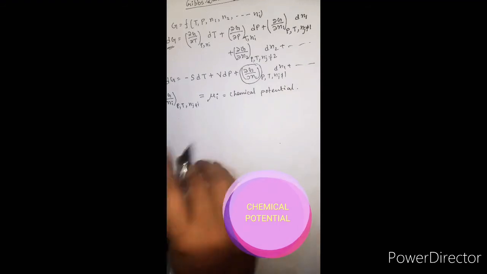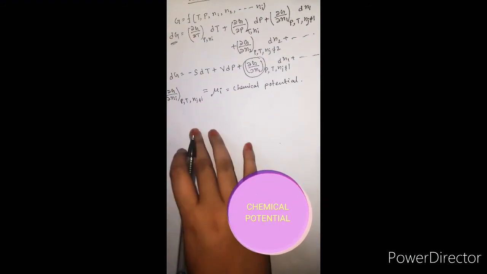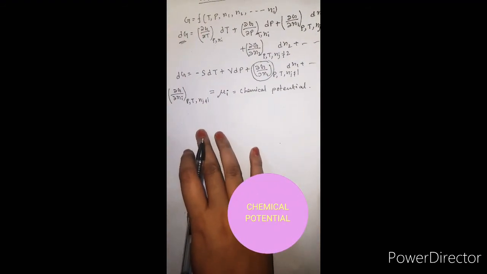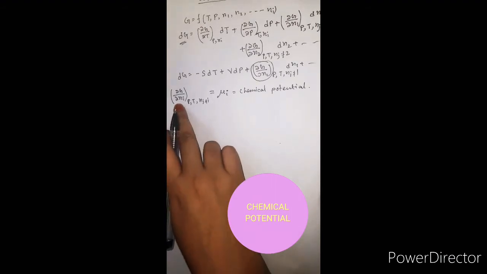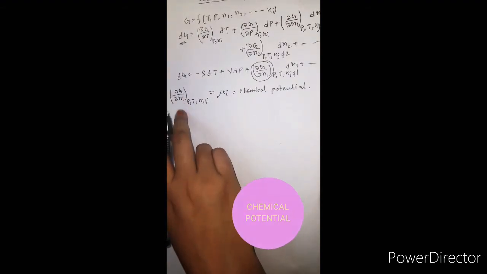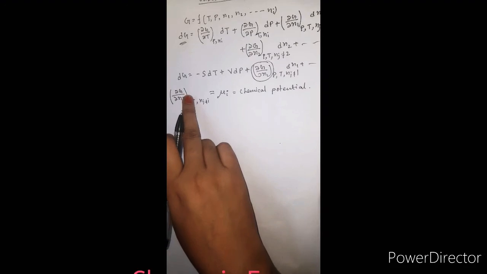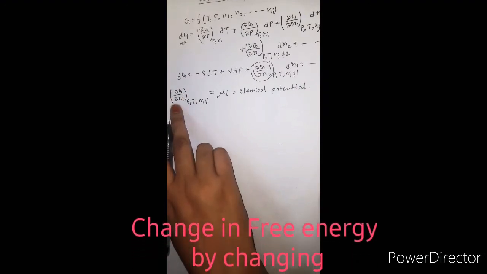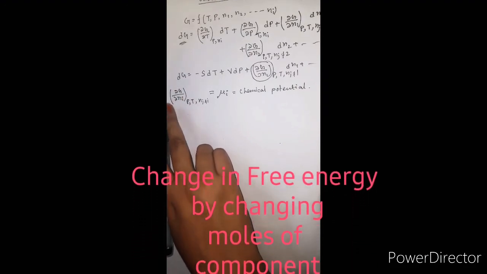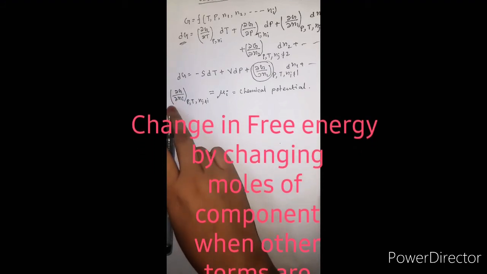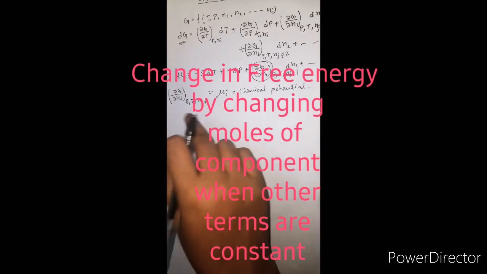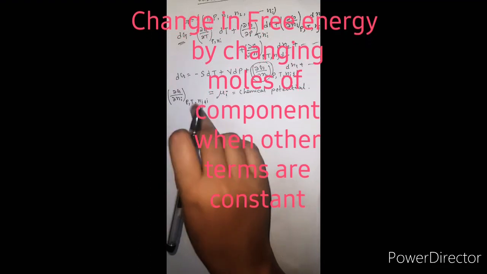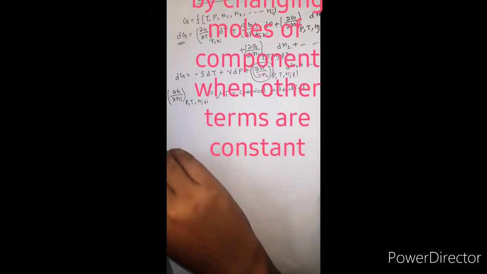Hence what is the definition of chemical potential? Chemical potential is actually the change of the Gibbs free energy by changing 1 mole of the component in the system when the other components, temperature and pressure are constant.